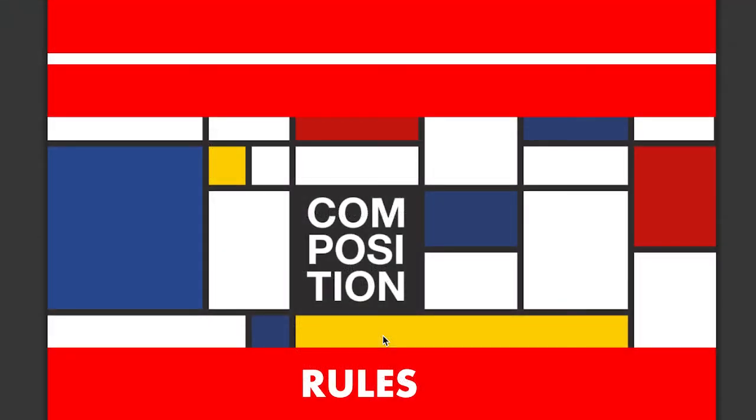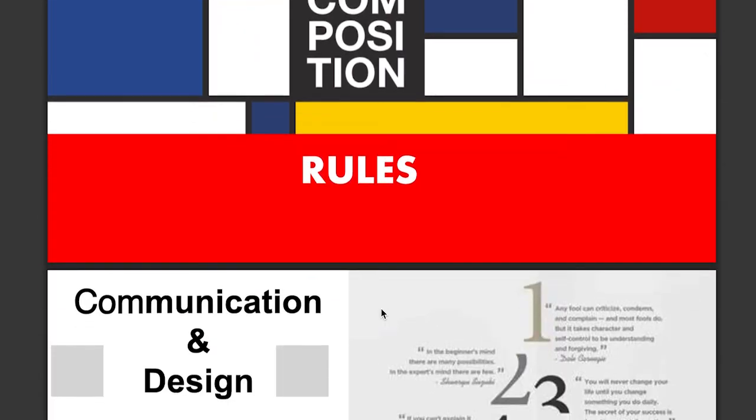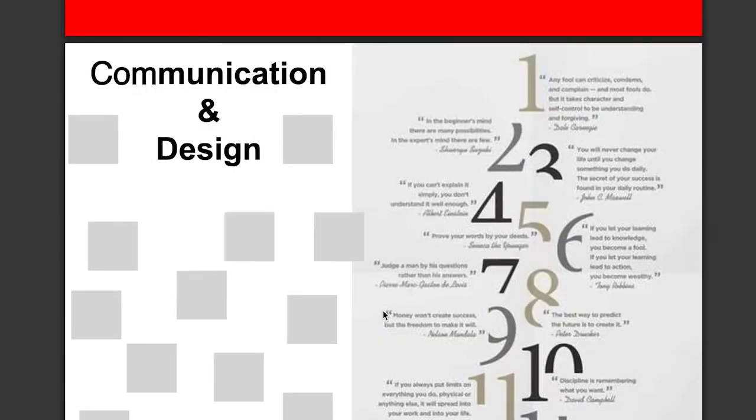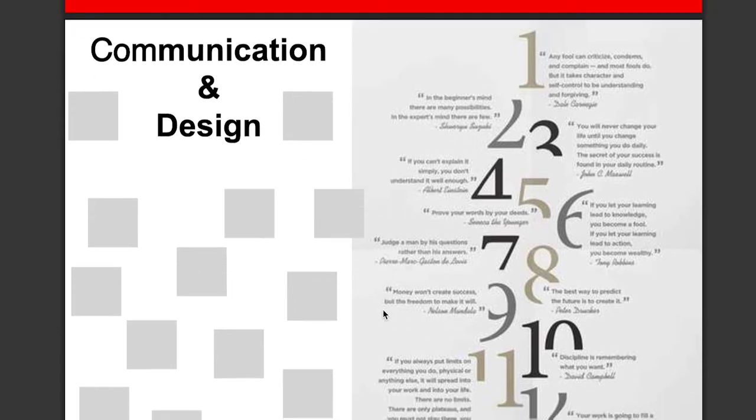It's what is important when you're thinking of composition. So even when you're shooting a photograph and you're looking at your elements in front of you, remember you can choose how to frame that photo, how to create a composition. So that's what this is about, composition as well as obviously communication and design.